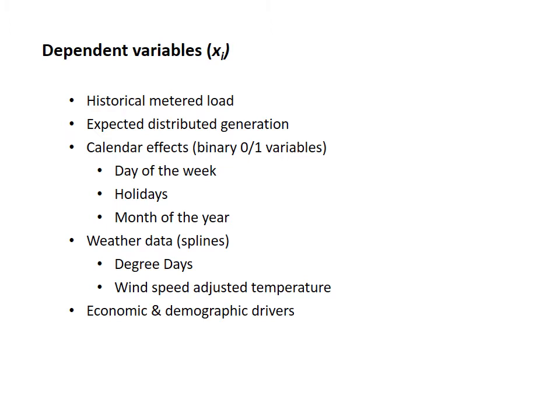And we can add one more here, and that is economic and demographic drivers. And this is one that can be difficult to predict. In some regions, in other regions, utilities may have more success.